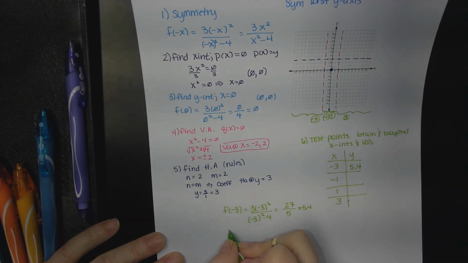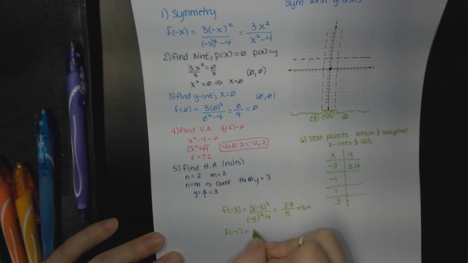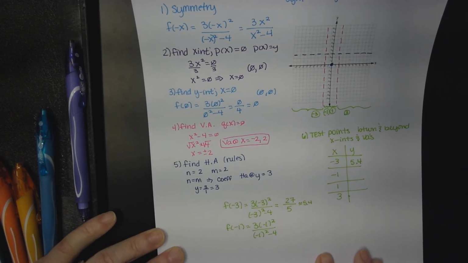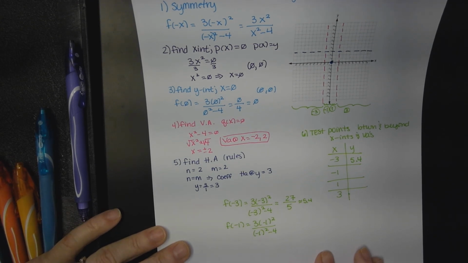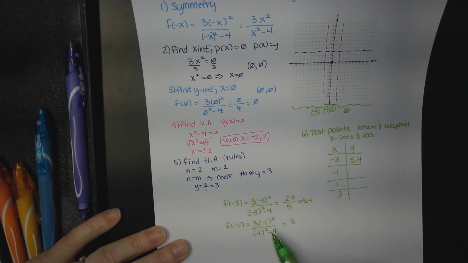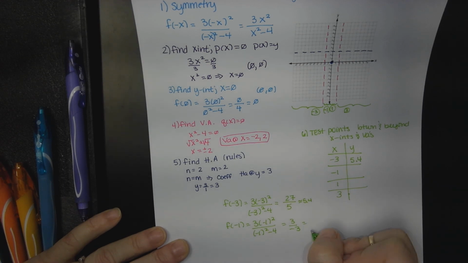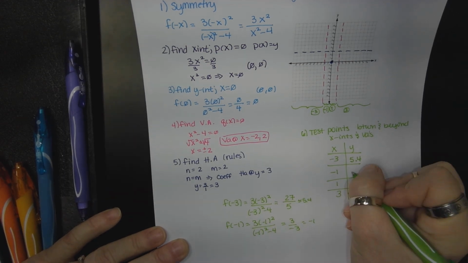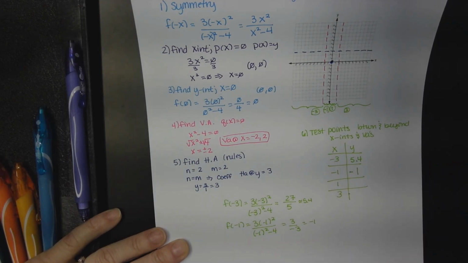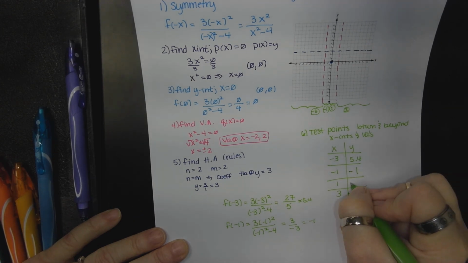Now let's do -1. F of -1 is 3 times -1 squared over -1 squared minus 4. 3 times 1 is 3. 1 minus 4 is -3. That's going to be -1, right? We plug 1 in, it's going to give us the same number, so we get 1, -1.